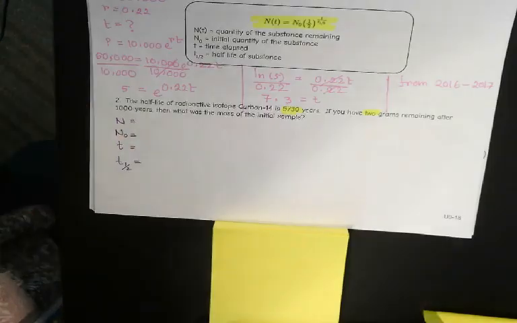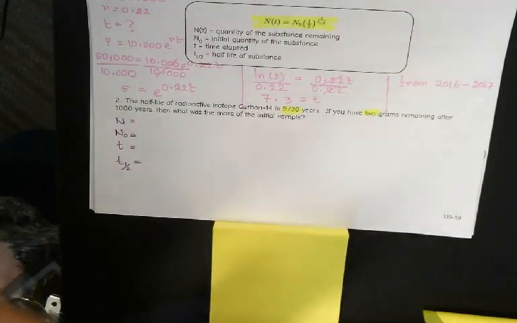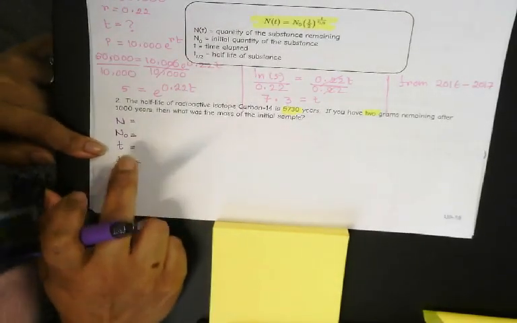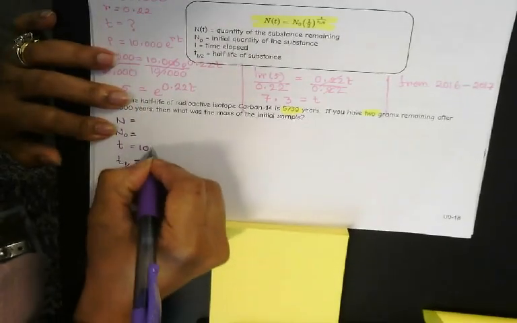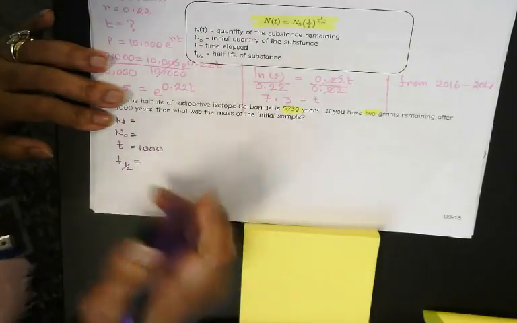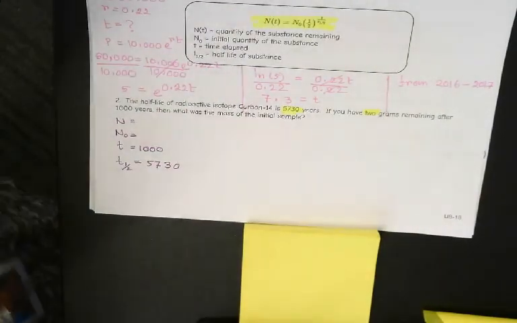Look at the question, not on the board. 1,000 years, because that's the time that we are considering. What is T half? 5,730. That's the T half value. So that's the half-life.